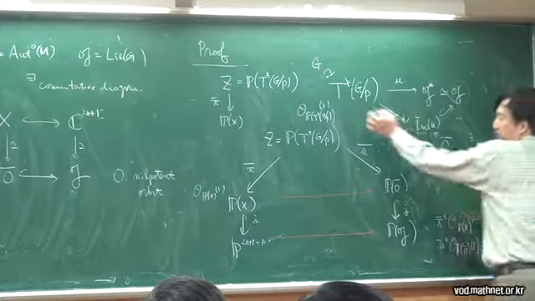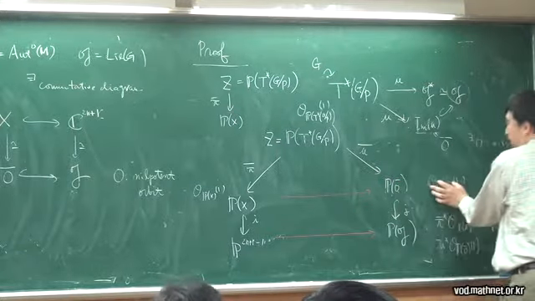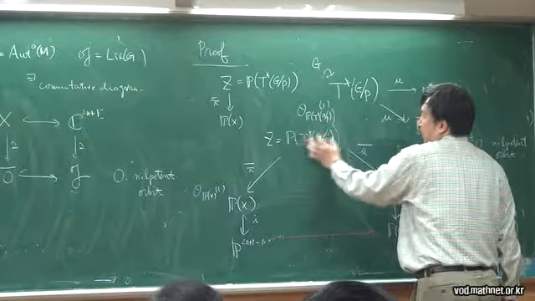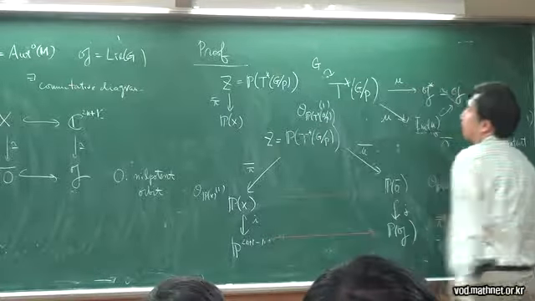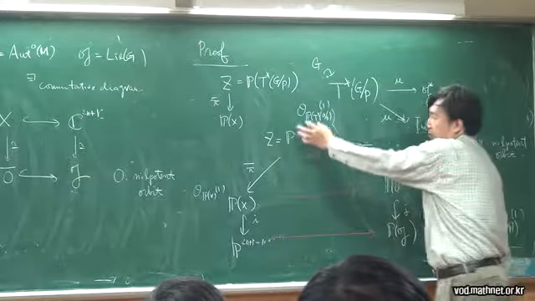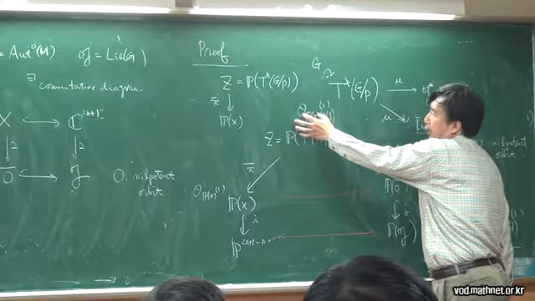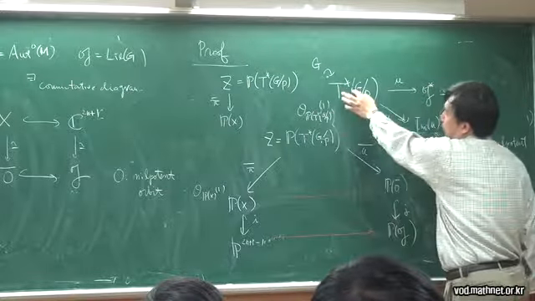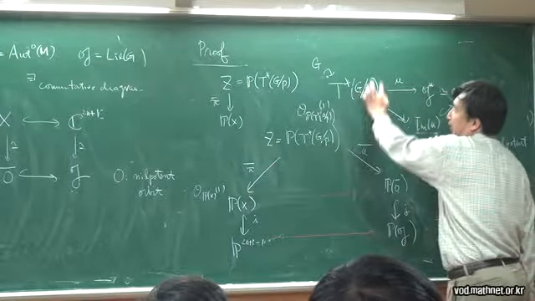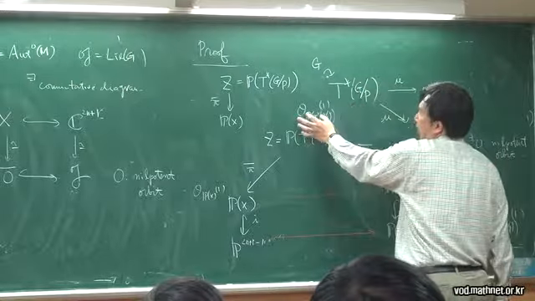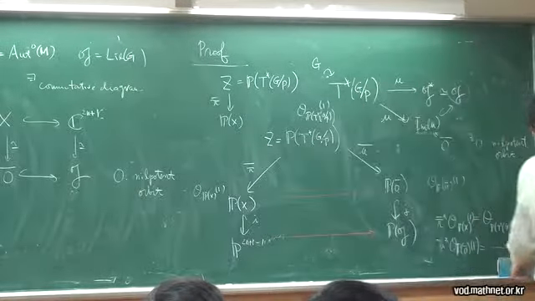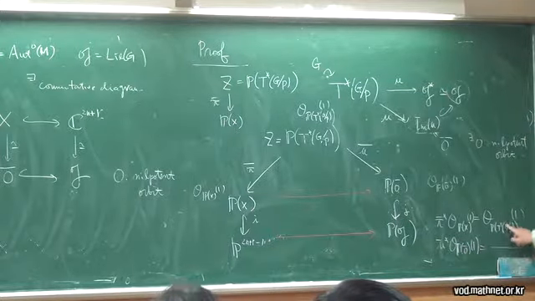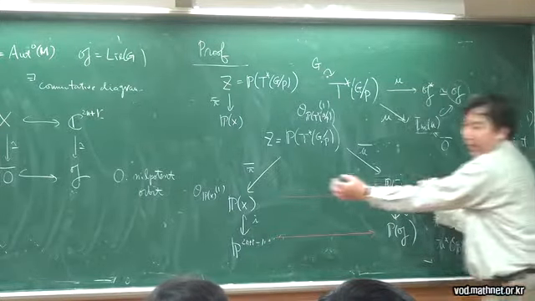So the pullback of the contact line bundle should be the contact line bundle of the contact structure here. Such a contact structure has this contact line bundle because the contact structure here comes from the canonical one, and the canonical one has such a bundle. So the pullback of this bundle is nothing but this, so the pullback is the same.